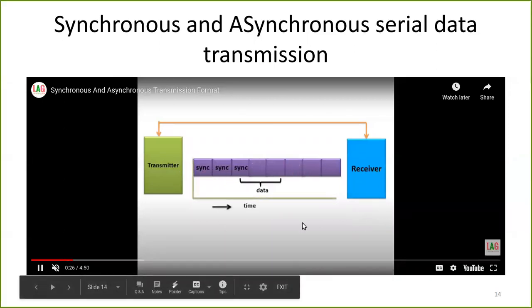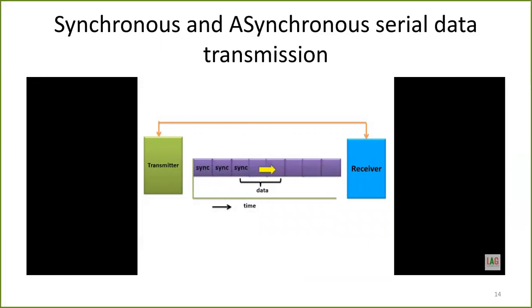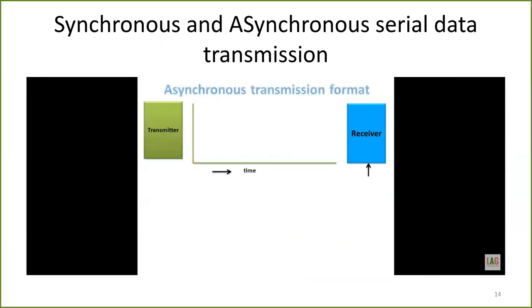So it is in synchronous with the time. The data keeps on moving from transmitter to receiver, so it is also called clock signals. The transmitter keeps transmitting and the receiver keeps receiving. Here the yellow line indicates the bits transmitted.